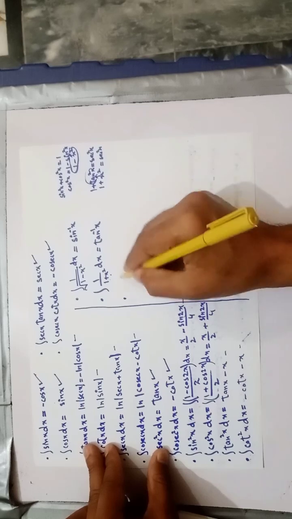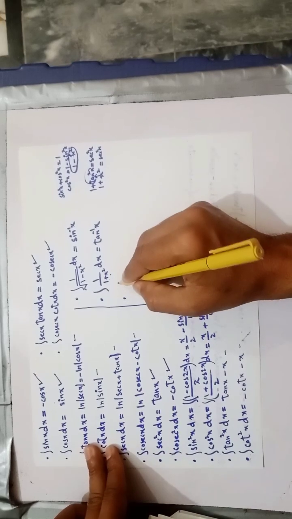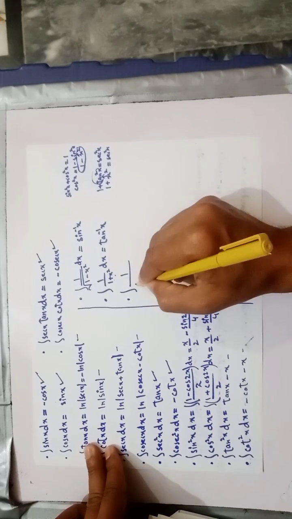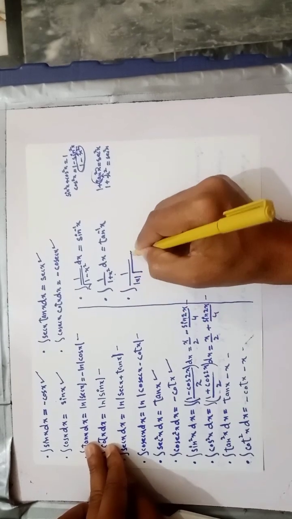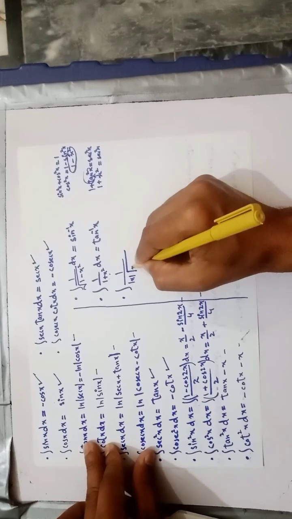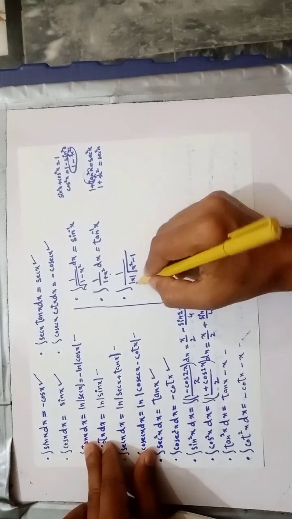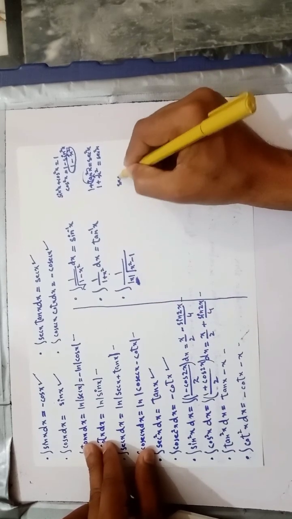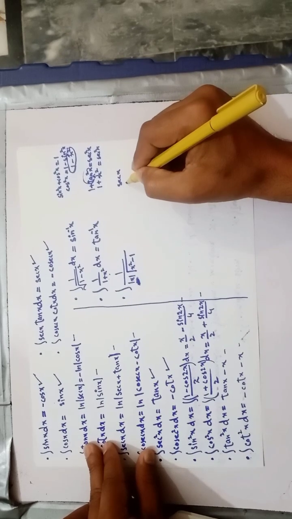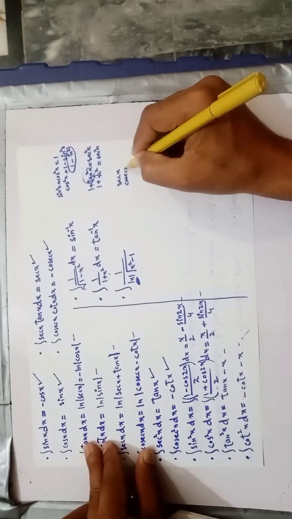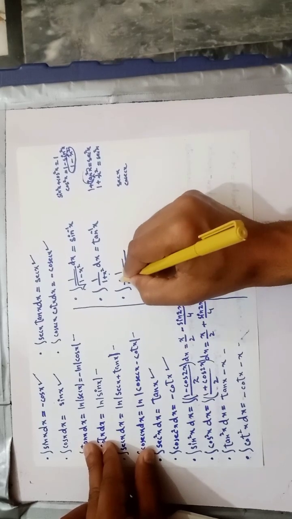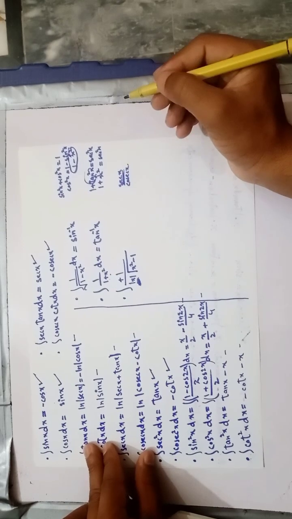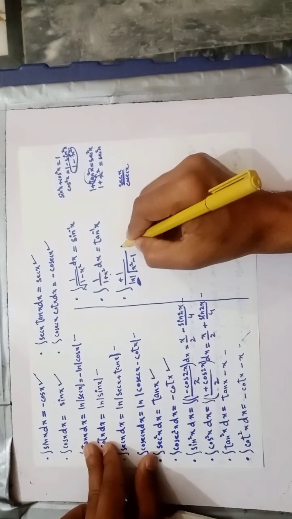After that, we have a formula related to the integration of 1 over x mod square root of x square minus 1. Remember that x mod is only in either secant x or cosecant x. But remember that if there is a positive sign, then it will be related to secant x.